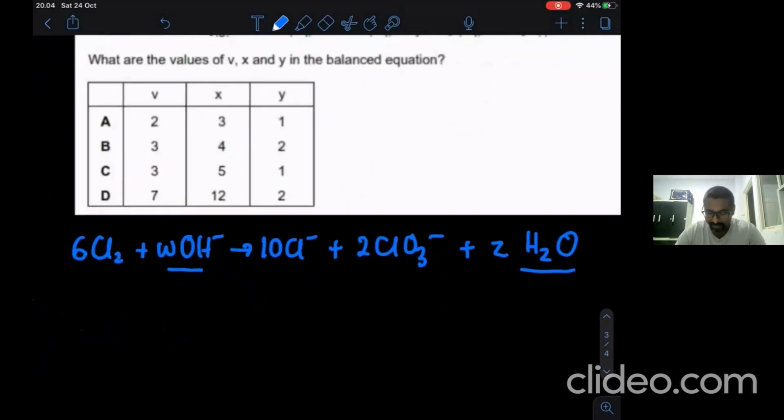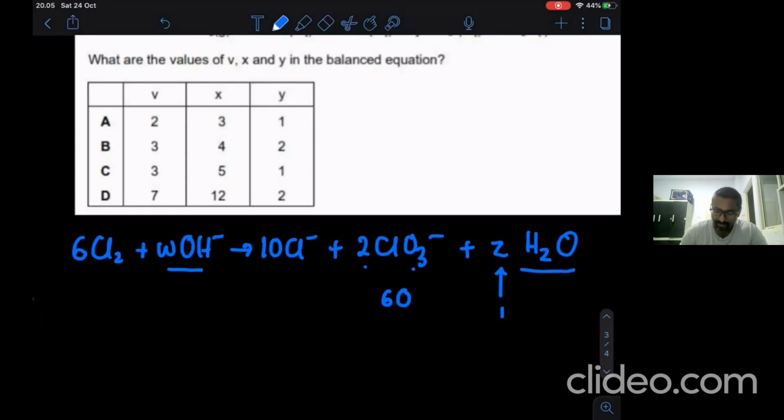So what number do we need to put? Please take note. This one you need to do by trial and error, the investigation method. For example, if I have 2 here, they are going to be 6 O, and then hydrogen. If I use this value as 1, I'm going to have a total of 6 plus 1, 7 oxygen.